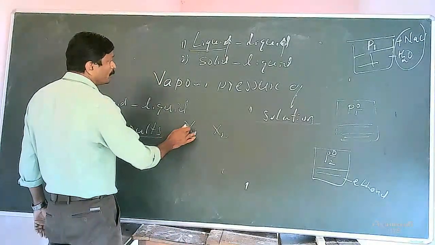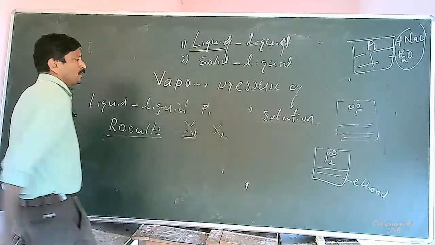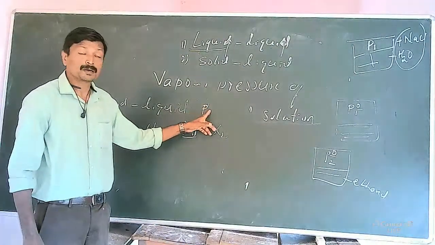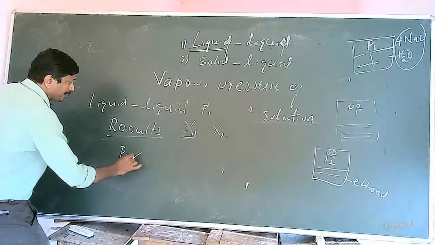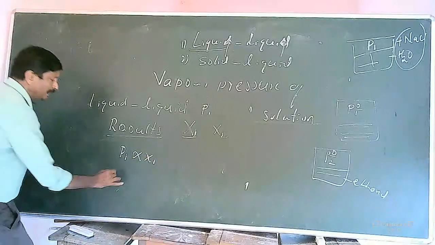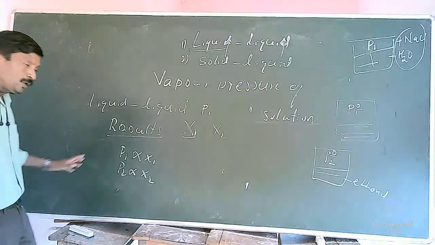He has given the relationship between the mole fraction and the partial vapor pressure of the component. So what does Raoult's law say? P1 is directly proportional to x1. Similarly, P2 is directly proportional to x2.